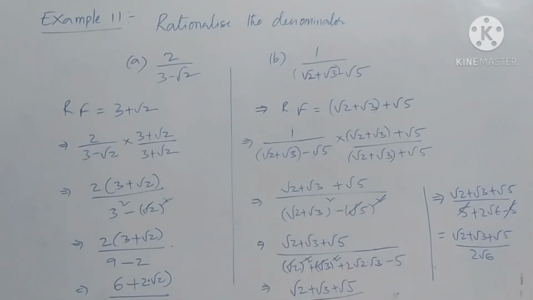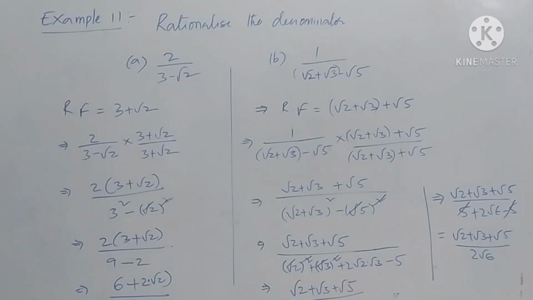So that is equal to numerator root 2 plus root 3 plus root 5 by denominator: square root cancels, 2 plus 3 plus 2 into root 2 into root 3. Root a into root b is the square root of a into b, here the square root of 2 into 3.